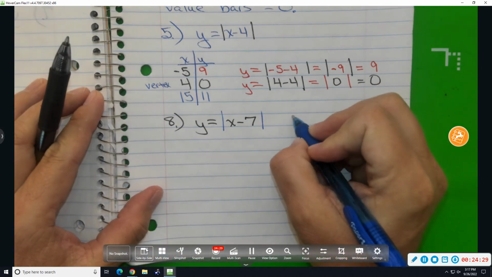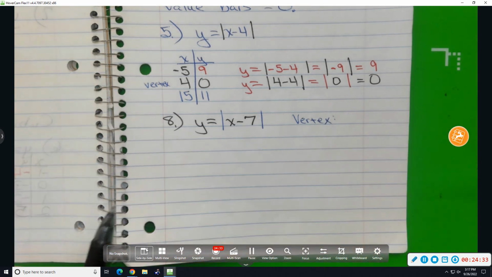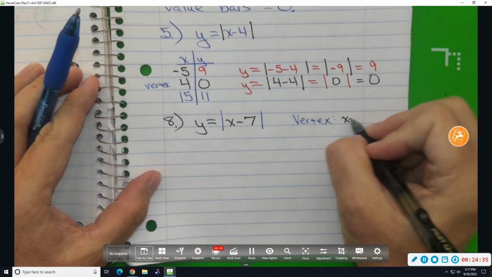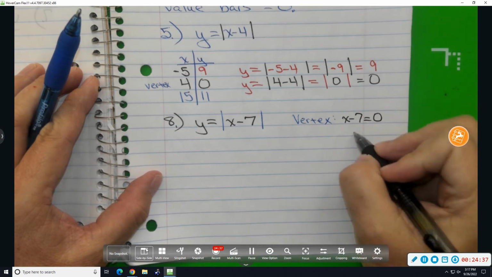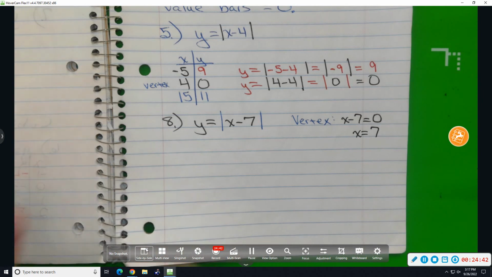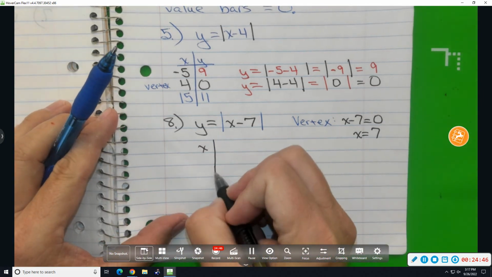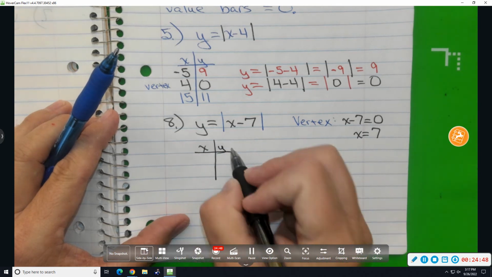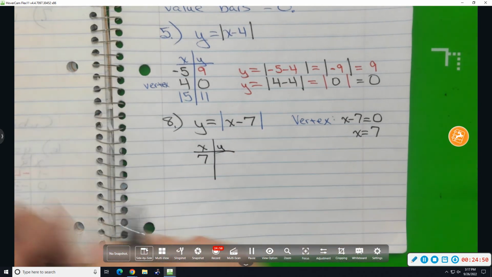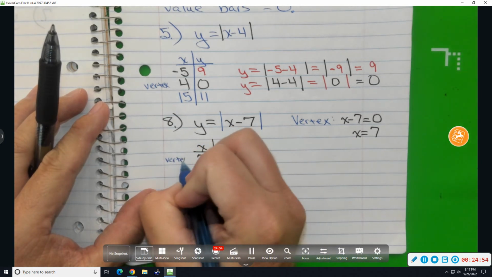The vertex occurs when that inside stuff is equal to 0. So, when x is 7, you've got to plug in 7 for x, and that will be our vertex.